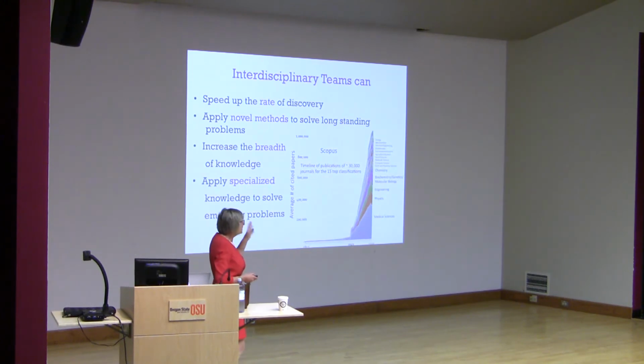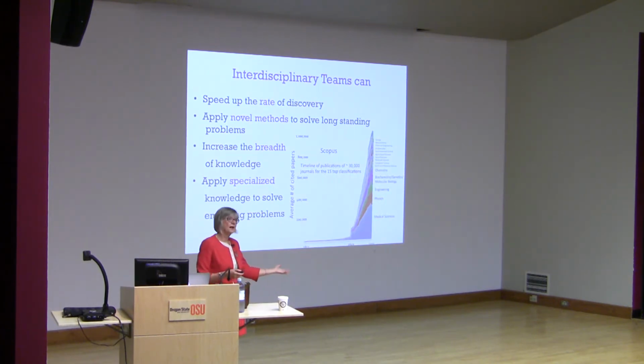Now, what it really also reflects is that there is an enormous increase in the amount of science output that is generated. So if you look at interdisciplinary teams, we can hopefully speed up the rate of discovery.